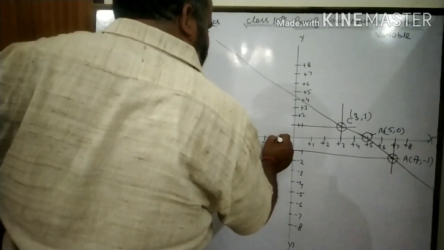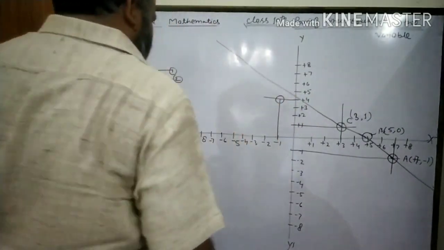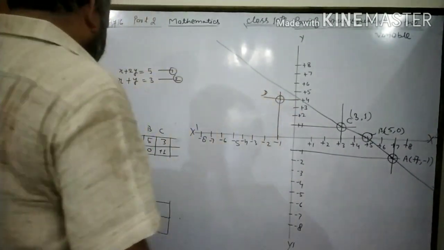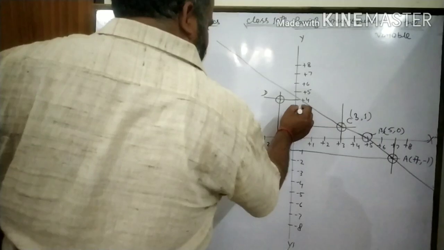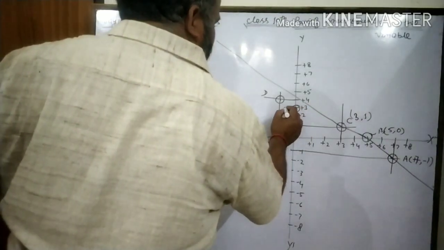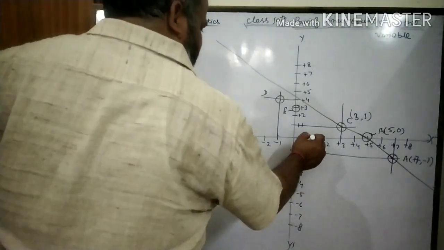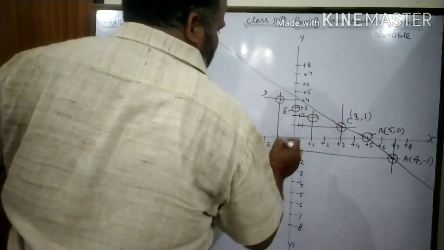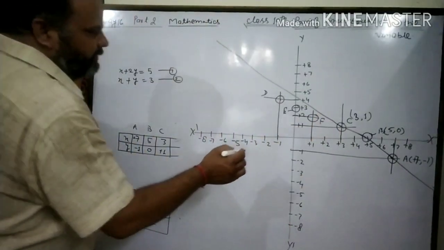Then this point is D: -1 comma 4. E is 0, 3. This point is E, and F is 1 comma 2. Now you can join these points.